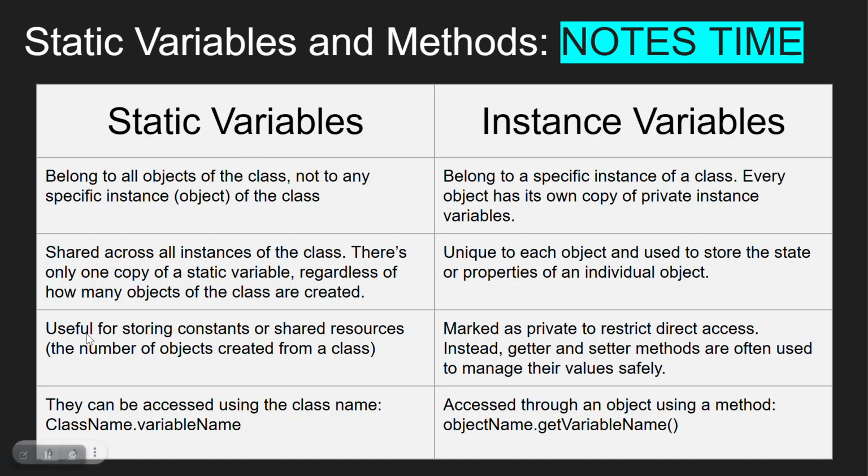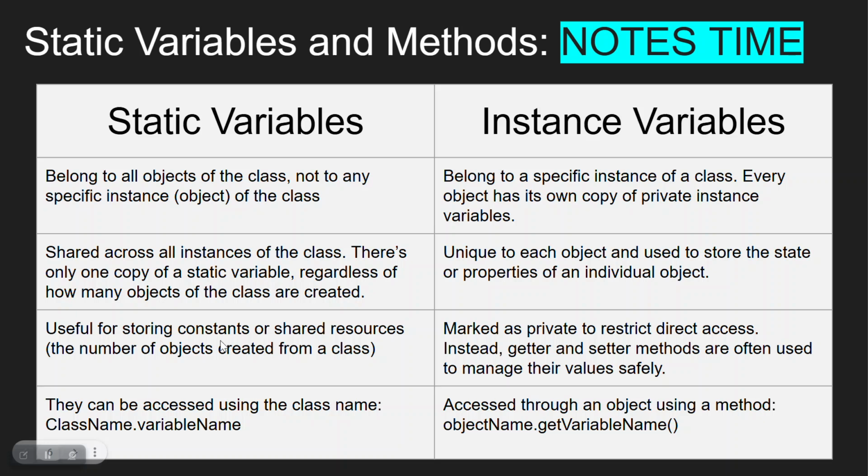Static variables are very useful for storing constants or shared resources, like the number of objects created from a class. Instance variables are a little bit different. They are marked as private to restrict direct access, and instead you use getter and setter methods to manage their values safely. Static variables can be private or public.